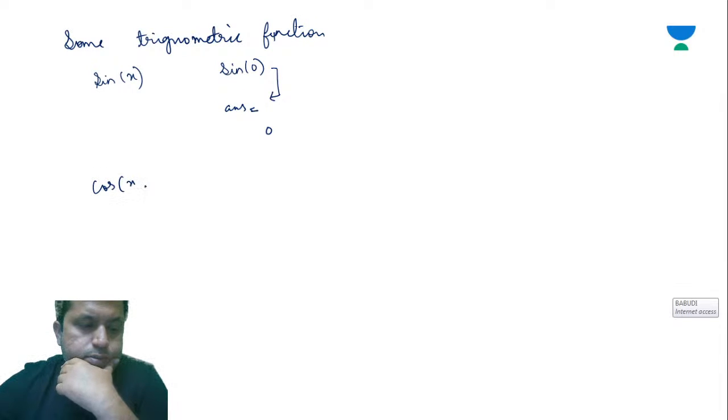Cos x computes cosine in radians. By default it is in radians; you can convert it into degrees. Cos of pi, answer is equal to minus 1. Tan x.